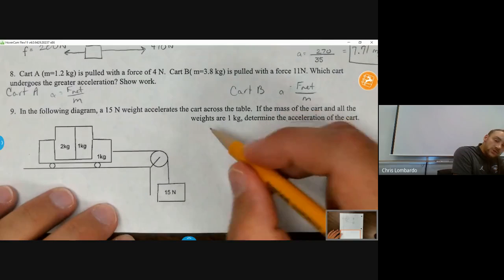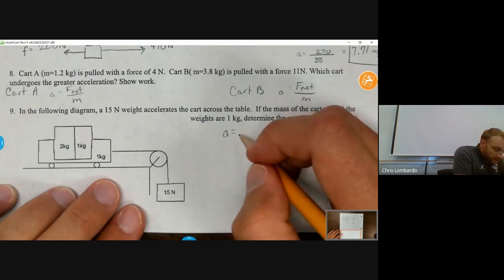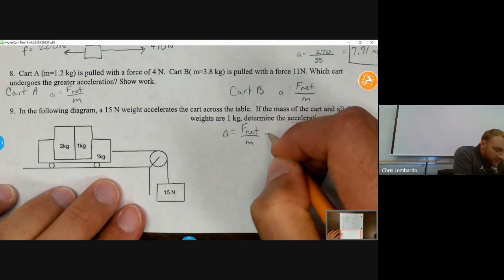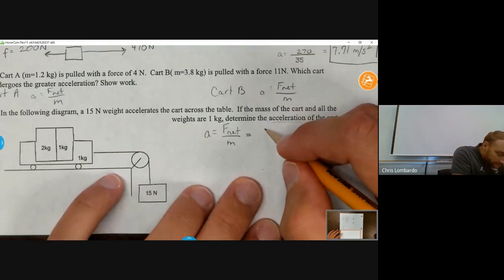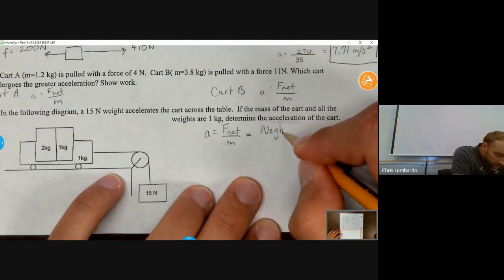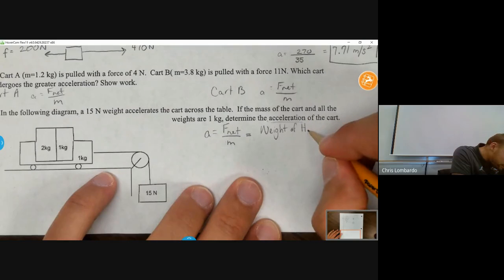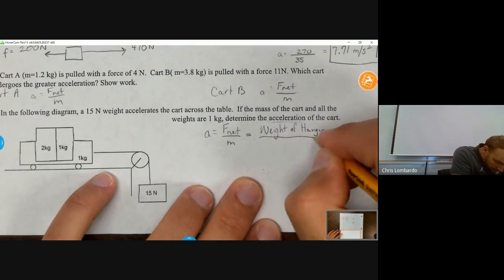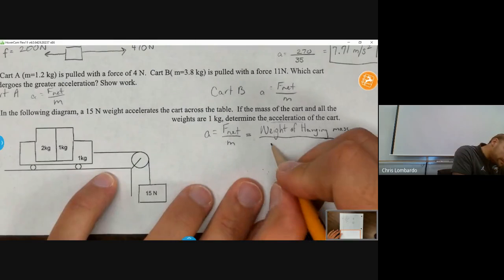When you see a problem that is done like this, the acceleration is going to be your net force divided by the mass. But specifically for this type of problem, F net is the weight of the hanging mass, and the mass is the mass of everything.